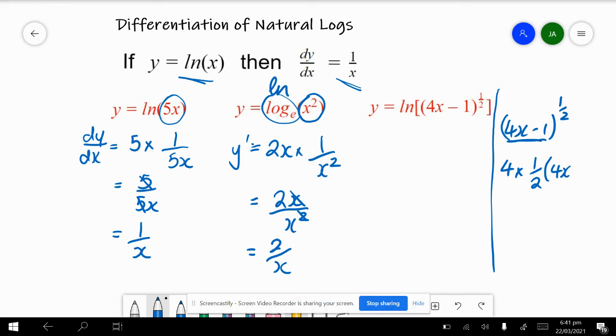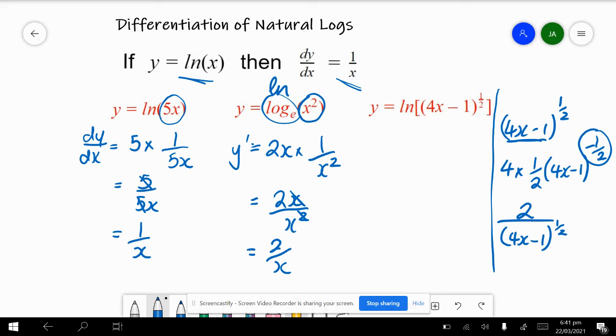Leave the 4x minus 1 in your brackets, just the inside out rule. A half minus 1 is negative a half. So we can tidy that up. 4 times a half is 2. And if you want to, this 4x minus 1, because it's minus a half, we can take it down to the bottom line. I'm just going to leave it as power of a half at the moment.